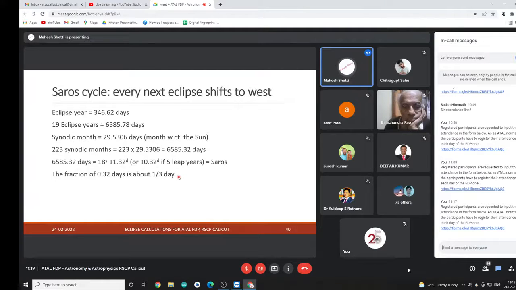So if the solar eclipse is visible over here at some particular time, after 18 years and 11 days, it will be visible after 1/3 of a day, which means 120 degrees western longitude. So the eclipse in the Saros cycle is going to shift to the west. The eclipse will be seen not in the same place, but shifted to the 120 degree west region.